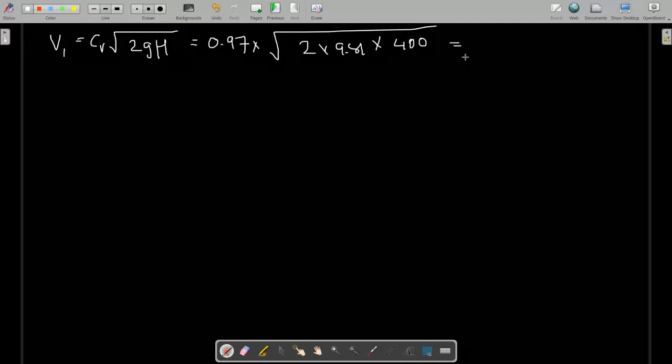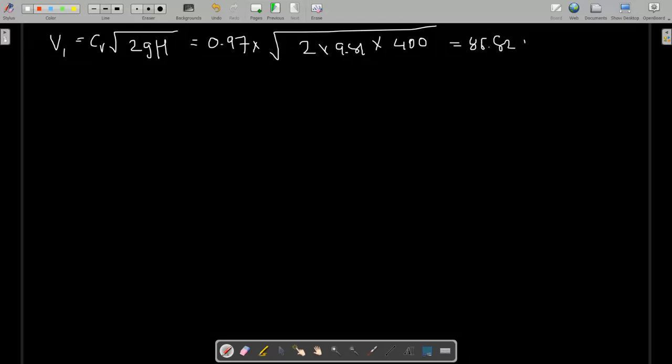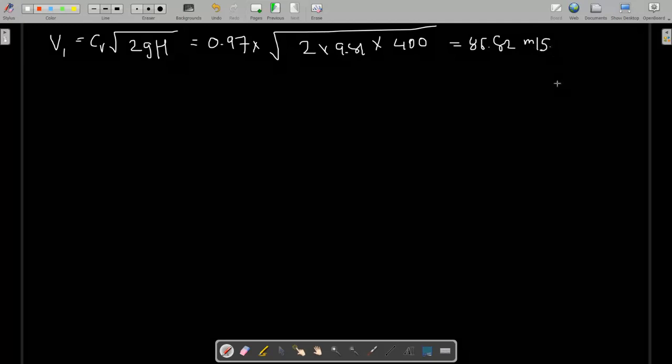So here you will get the velocity as 86.82 meter per second. Now again the speed ratio is given, so we can find the bucket speed, the speed ratio phi into under root 2gh.